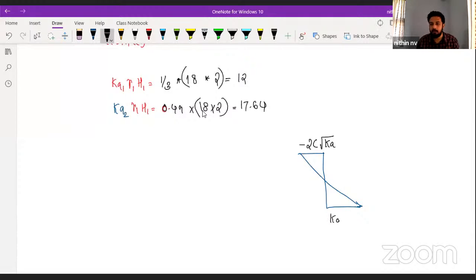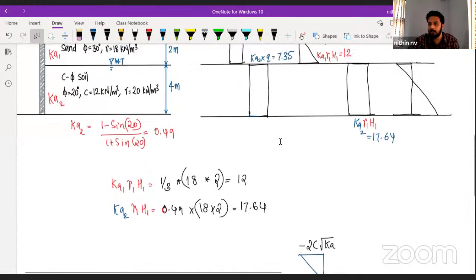Here we'll have Ka gamma h minus 2c root Ka. If it was passive, then everything is positive: 2c root Kp, and Kp gamma h plus 2c root Kp. Since it is a cohesive soil, in active it will be minus on the top layer.